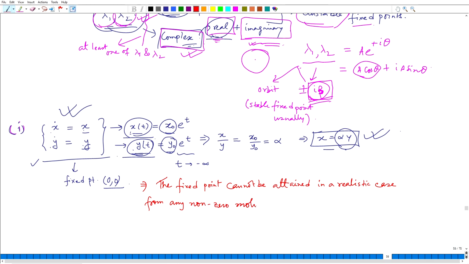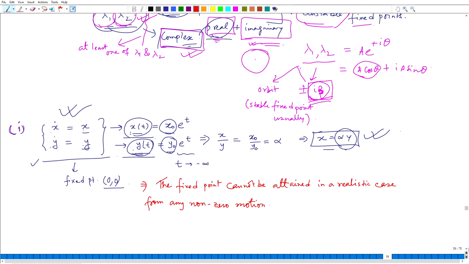You see, that means the fixed point itself is a discrete, distinct point which is well separated from the other straight-line trajectories in the phase space. So, if motion starts in such a system, you will never achieve the fixed point. The fixed point is an isolated point.